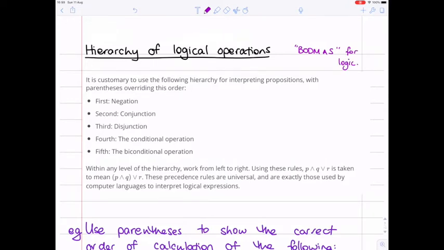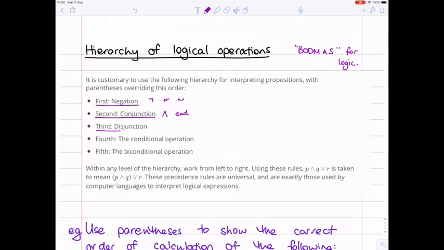So the very first thing that you do if you've got a sentence in logic is first negation. Okay, so if you see a not or a tilde, deal with that first. Then the second thing that you're going to look at is conjunction. So remember, this is our and.